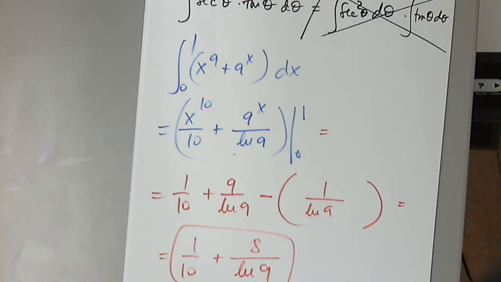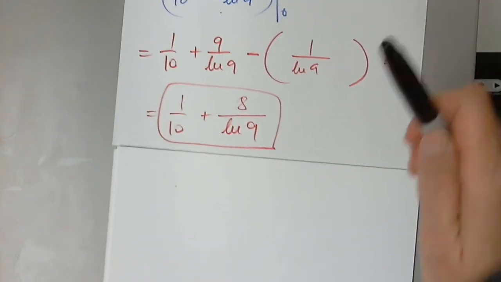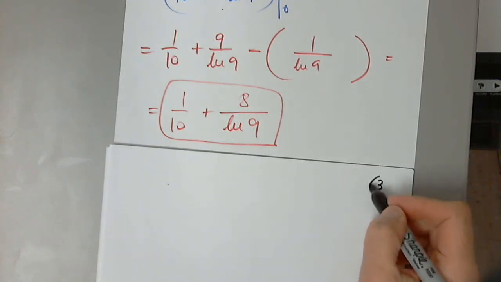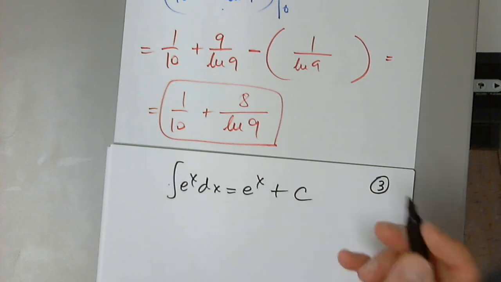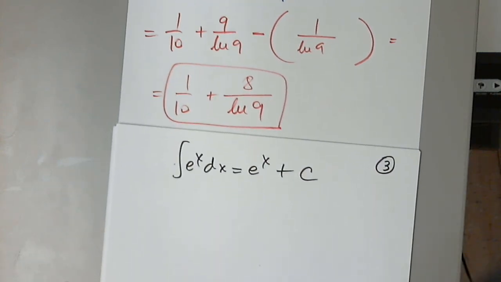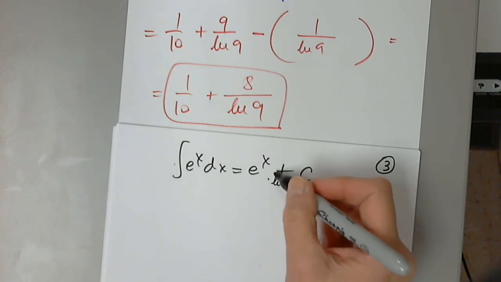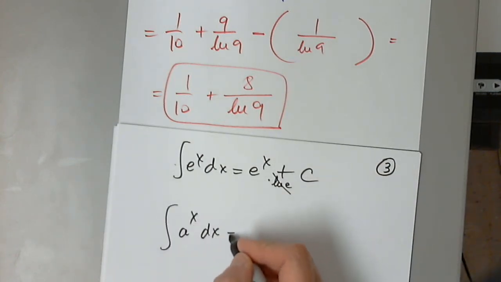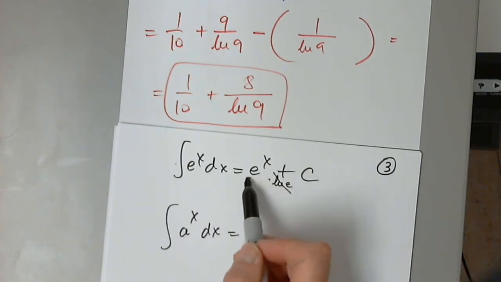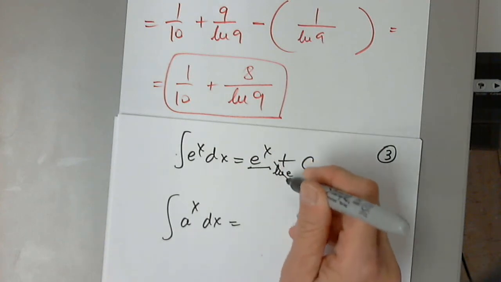So let's go back for a second. If I integrate e to the x dx, I know the answer. It should be divided by natural log e, but it's 1. So if I integrate a to the x dx, it should be divided by natural log a.